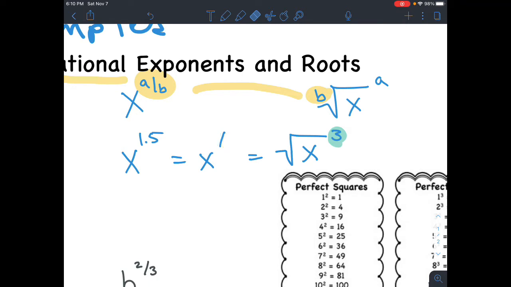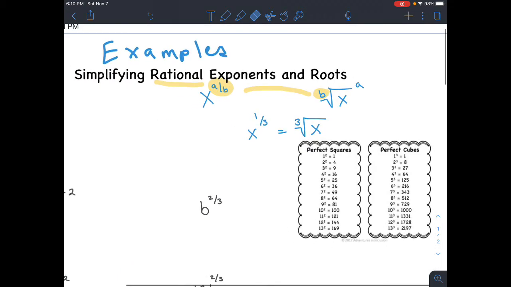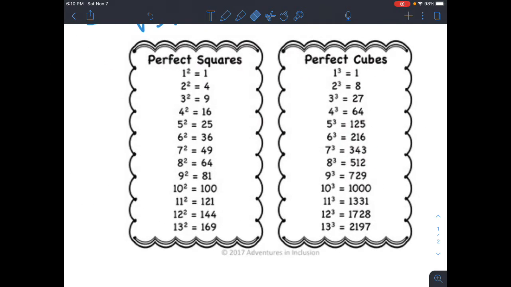If we had a cube root, let's say we had a 1/3. This would mean take the cube root and raise it to the first power. Now we don't normally write 1 for raising it to the first power, so x raised to the 1/3 is just the cube root. When you're doing problems like these, it's really helpful to have a little cheat sheet of perfect squares and perfect cubes nearby to help you.